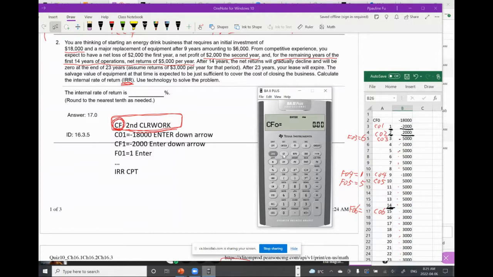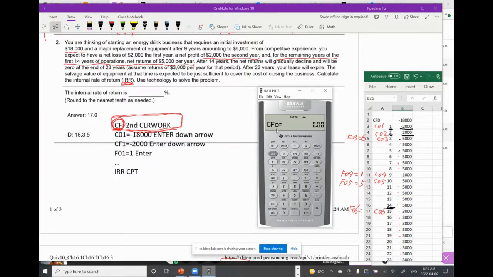After that, press a very important button, that is second clear work. This step is very important, especially when you start a new question. So I repeat, after you press CF, then press second clear work.